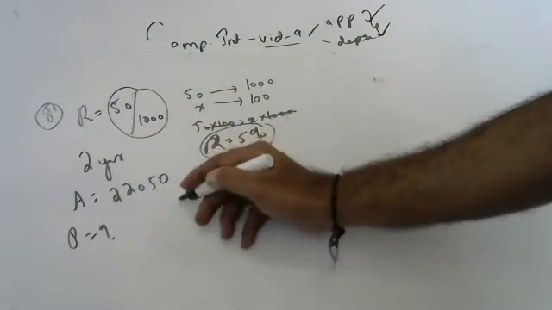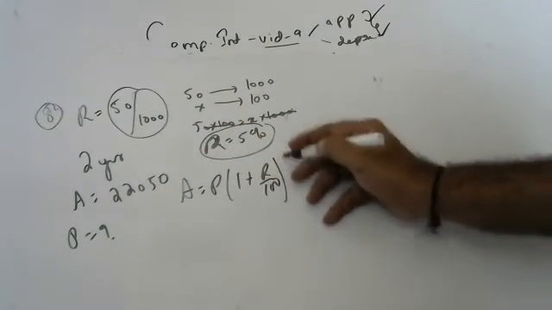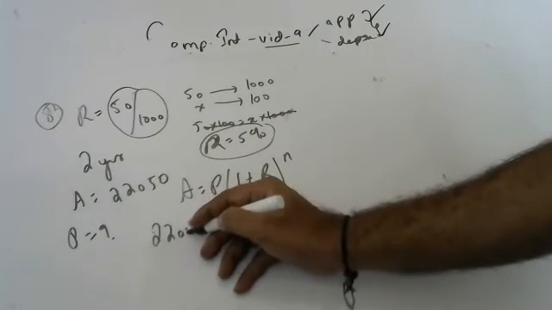Now this is after 2 years. Amount is equal to principal into 1 plus R by 100 to the power n.